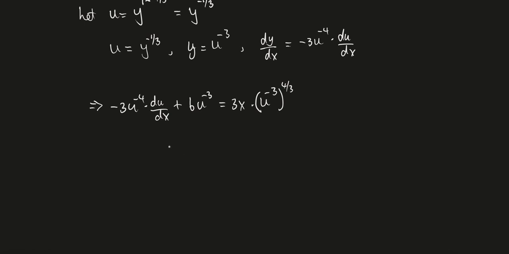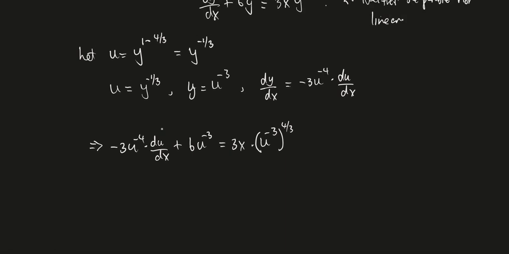So let's do a little bit of algebra and simplify this. We'll have -3 over u to the 4th times du dx, and then plus 6 over u to the 3rd power, equals 3x.